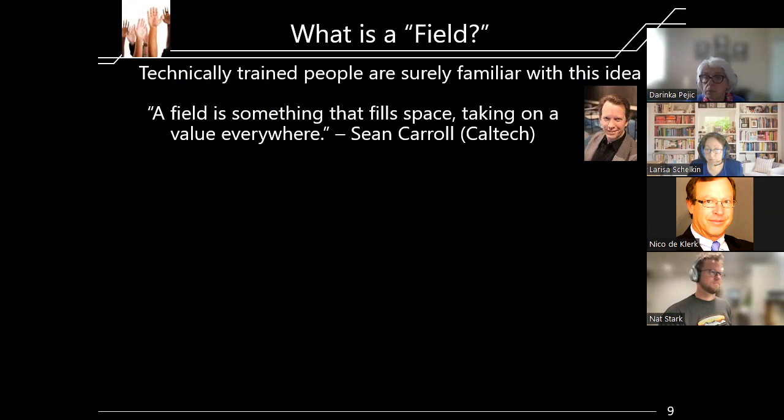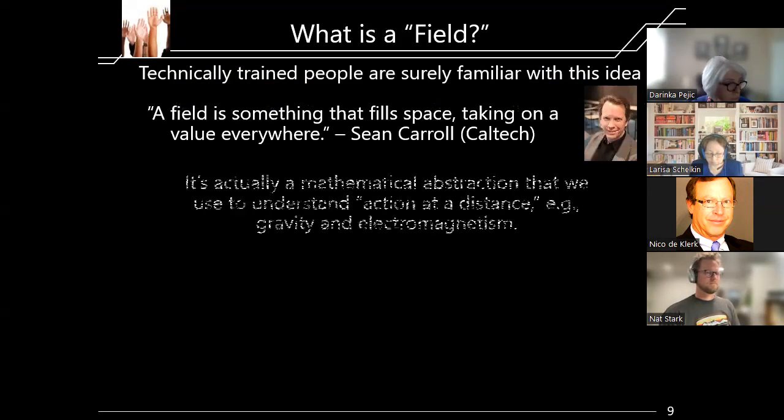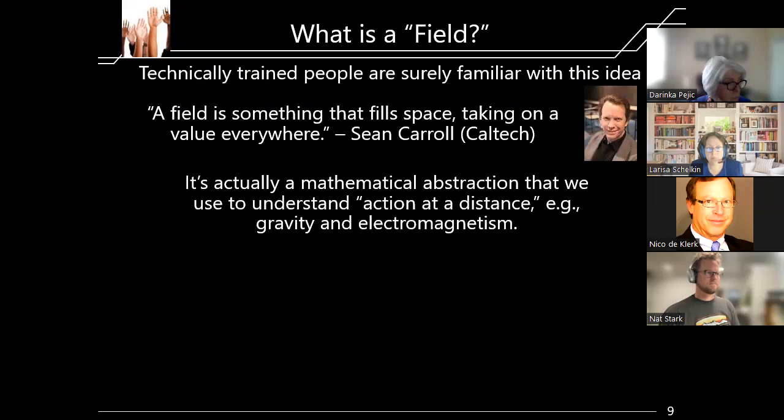So in this room, there's a scalar field, a temperature difference every place. If things are moving, there's a momentum field. And these are actually mathematical abstractions. I don't think fields are real except in mathematics. And we use them to understand action at a distance.